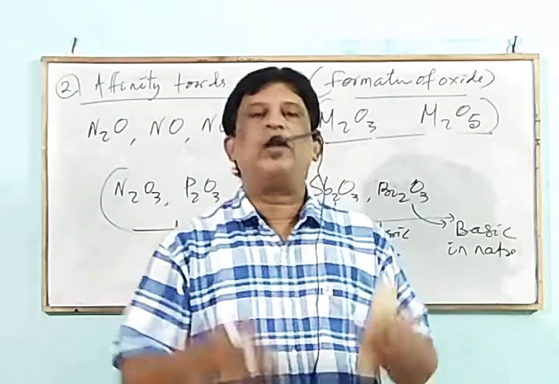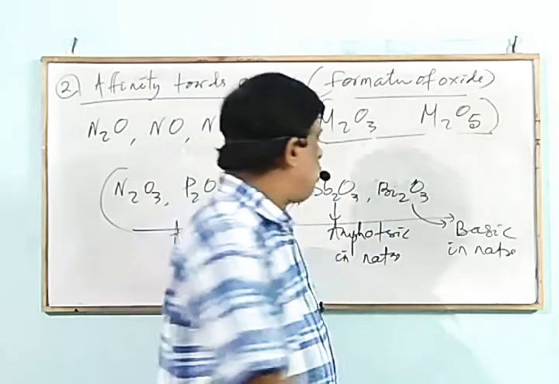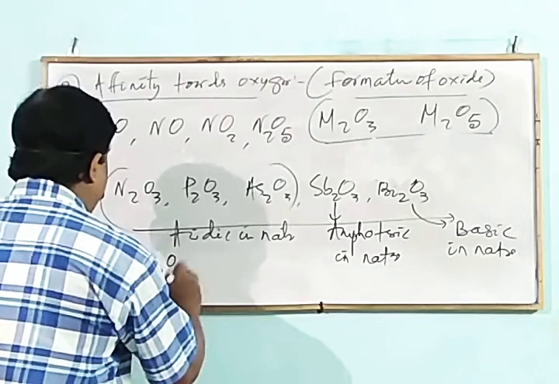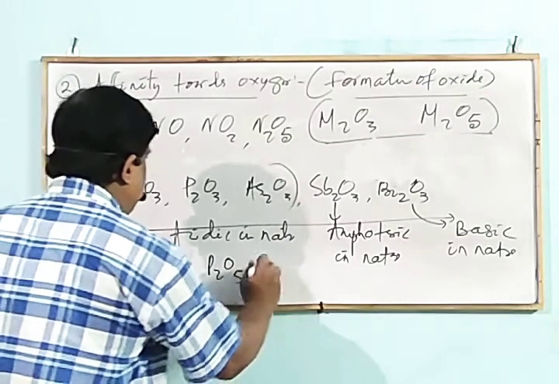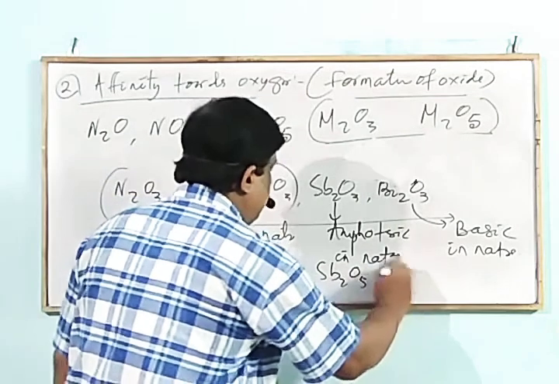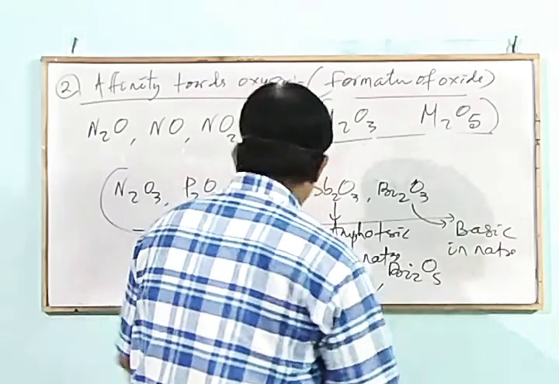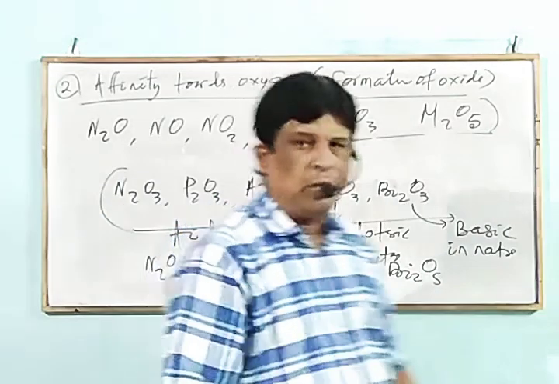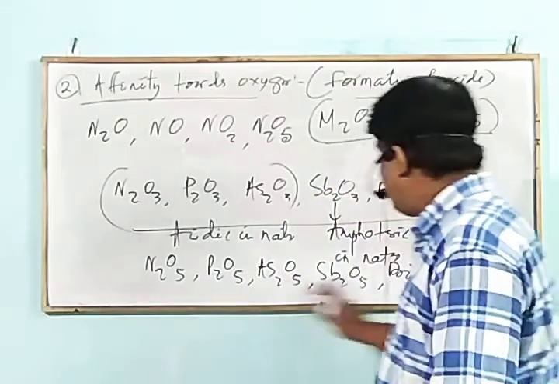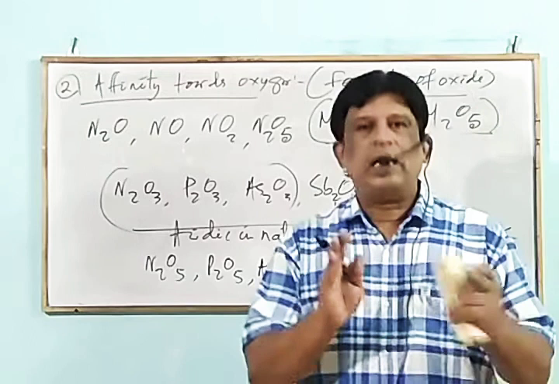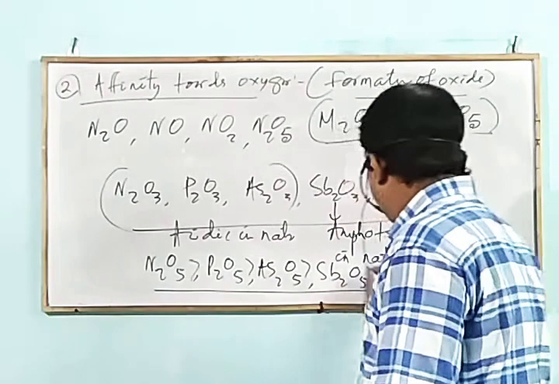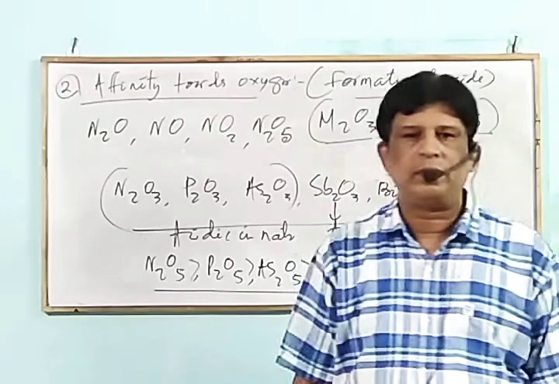If we compare the different pentoxides, that is N2O5, P2O5, As2O5, Sb2O5, Bi2O5, then all the pentoxides of the members of this family are acidic in nature, but the acidic nature gradually decreases.